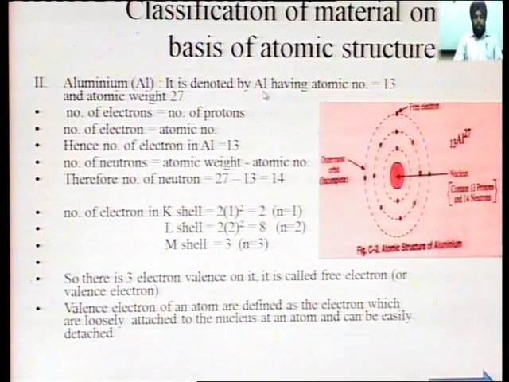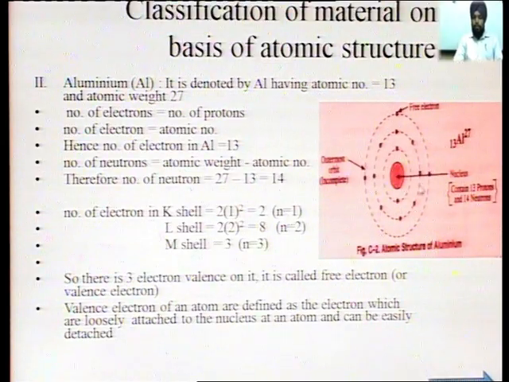Next is aluminum. It is denoted by Al, capital A, small l, having atomic number 13, atomic weight 27. So the number of electrons will be equal to 13, the atomic number of aluminum, and the number of protons equals 13, the same as the number of electrons. Hence the number of electrons is 13. The number of neutrons is atomic weight 27 minus atomic number 13, which equals 14.